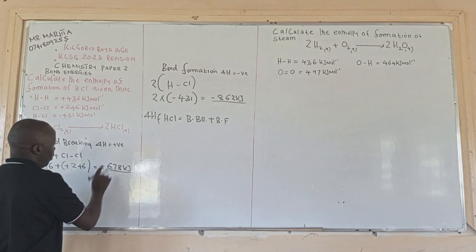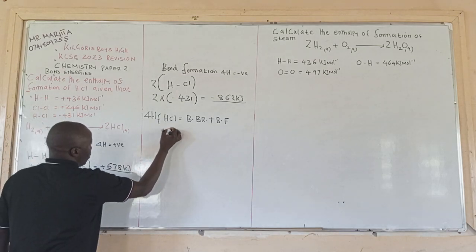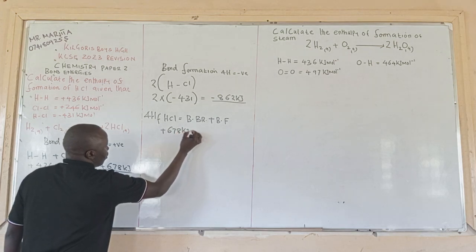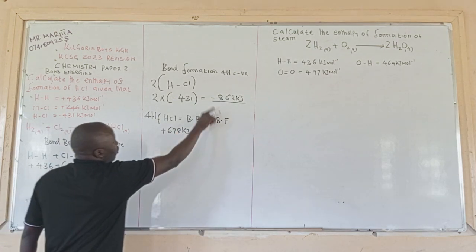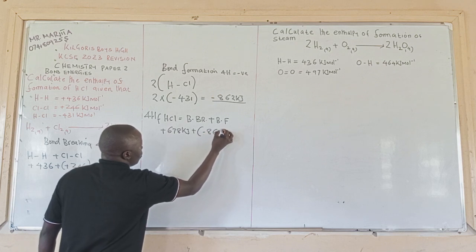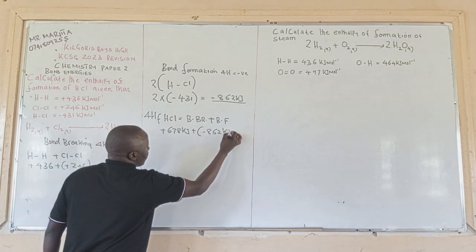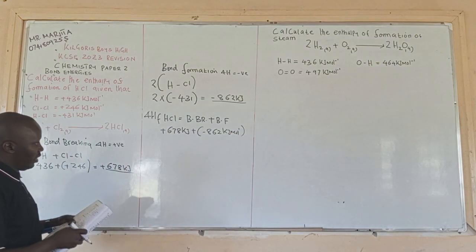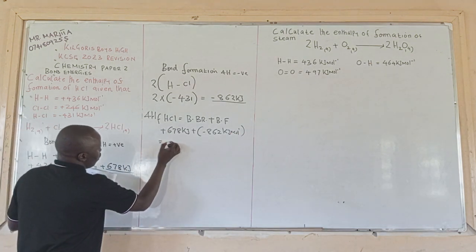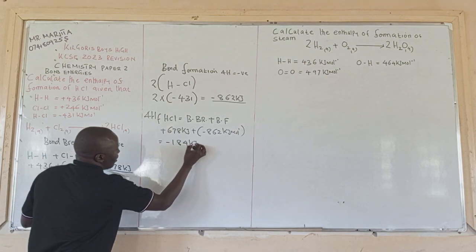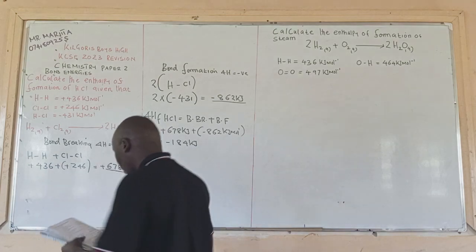So the heat of formation is bond breaking, positive 678 kilojoules, plus bond formation, negative 862 kilojoules per mole, and if you combine that, it gives us negative 184 kilojoules.